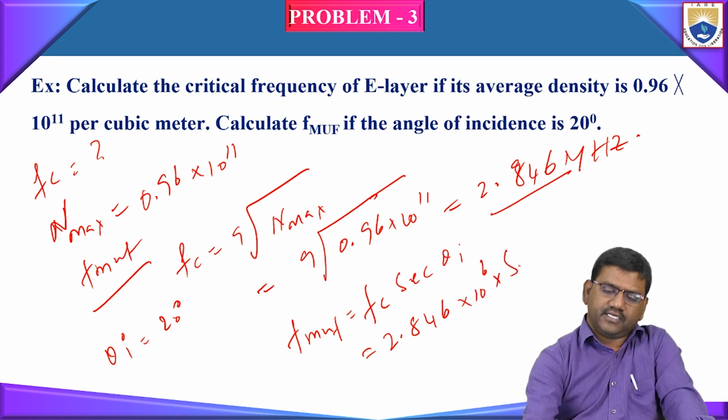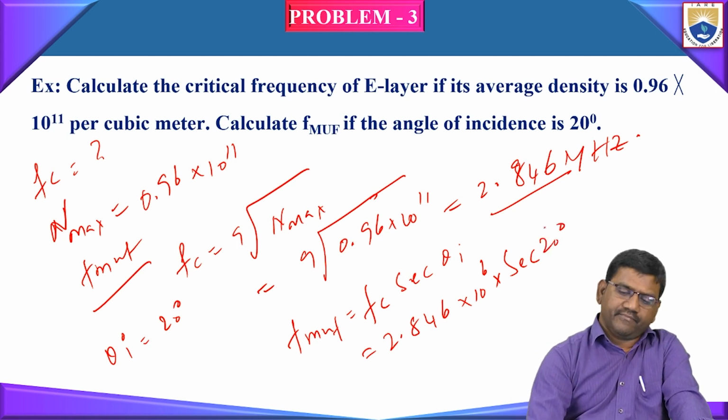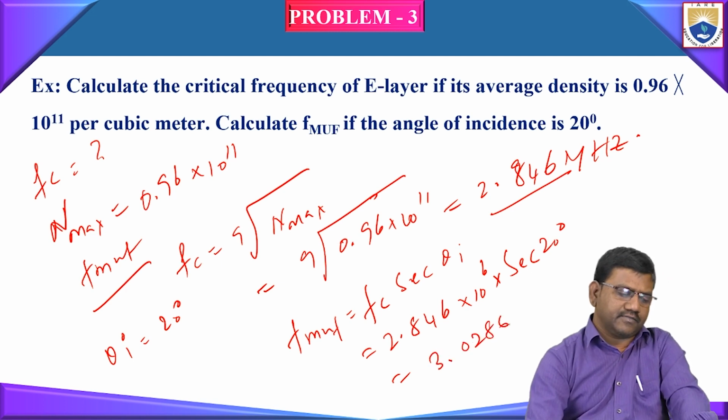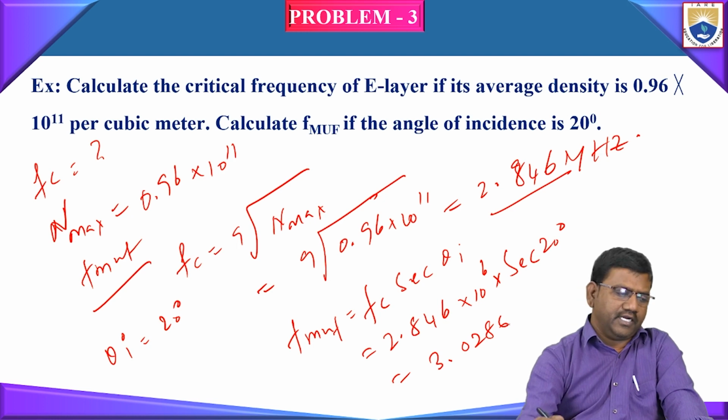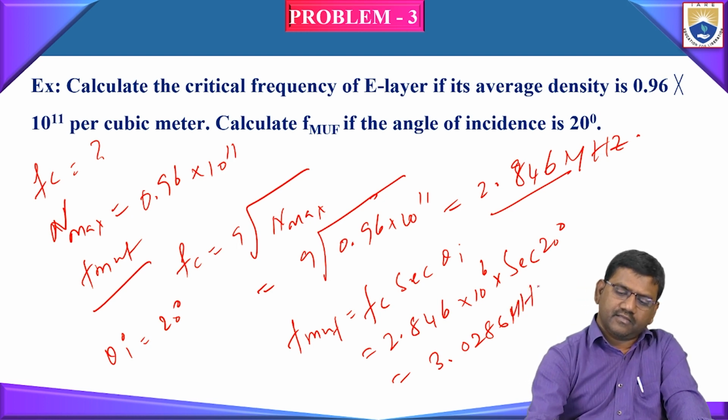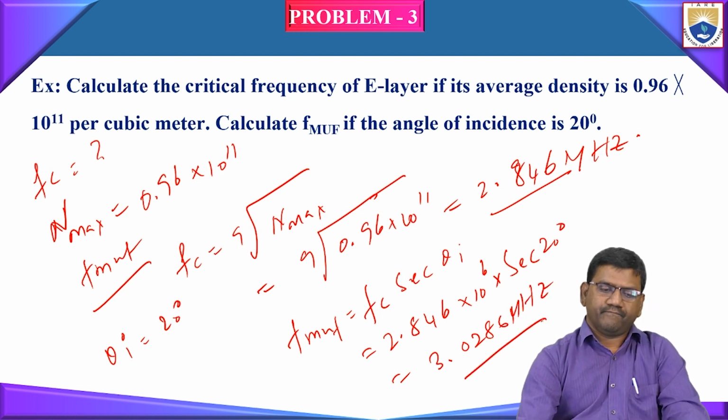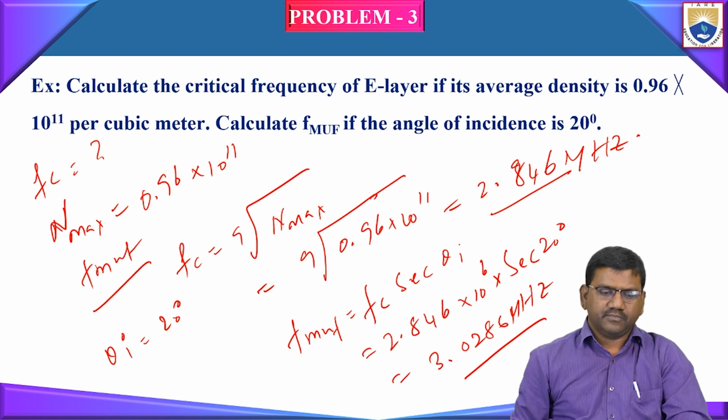What is secant theta i? Secant theta i is equal to secant 20 degrees. If you simplify this value, you will get 3.0286 megahertz here.